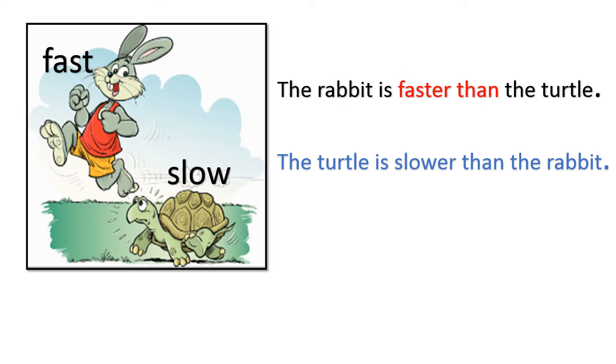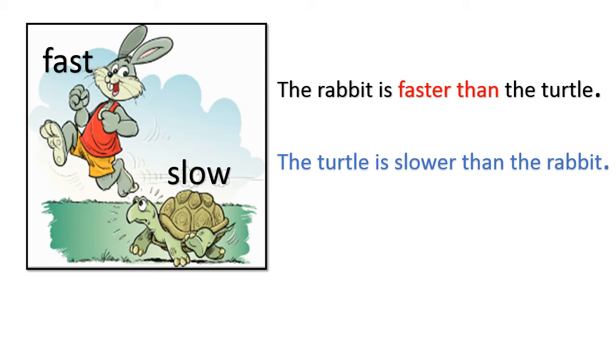What if we want to compare the rabbit and the turtle, or describe them in one sentence? We can say the rabbit is faster than the turtle. The turtle is slower than the rabbit. So, we can describe the picture with these two sentences.